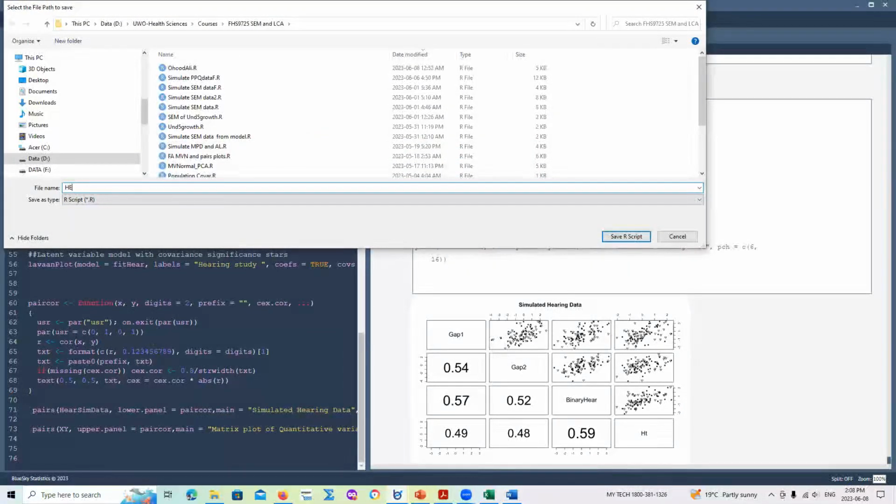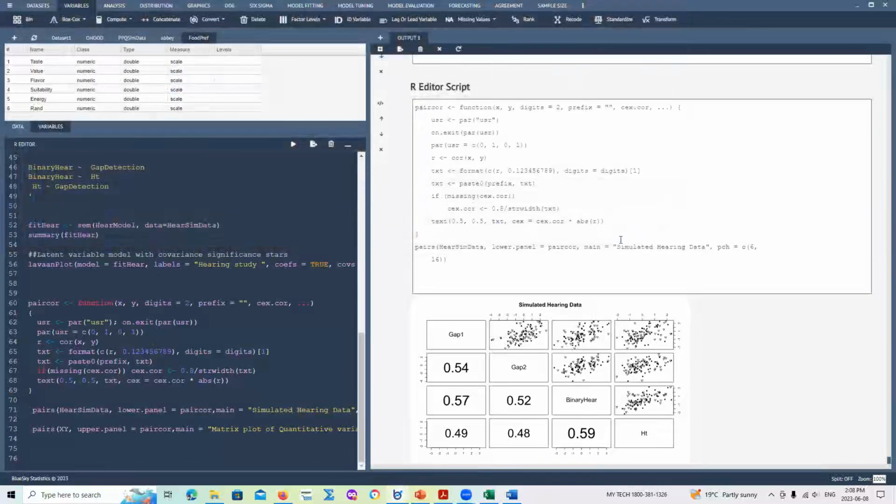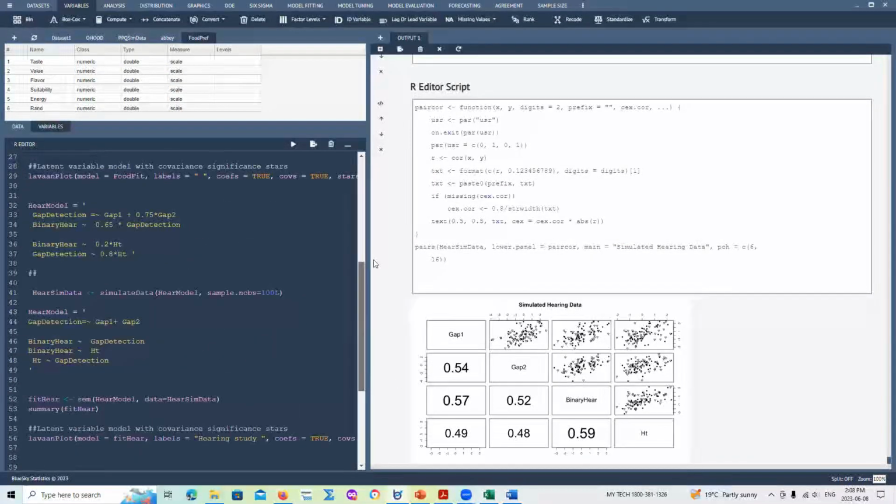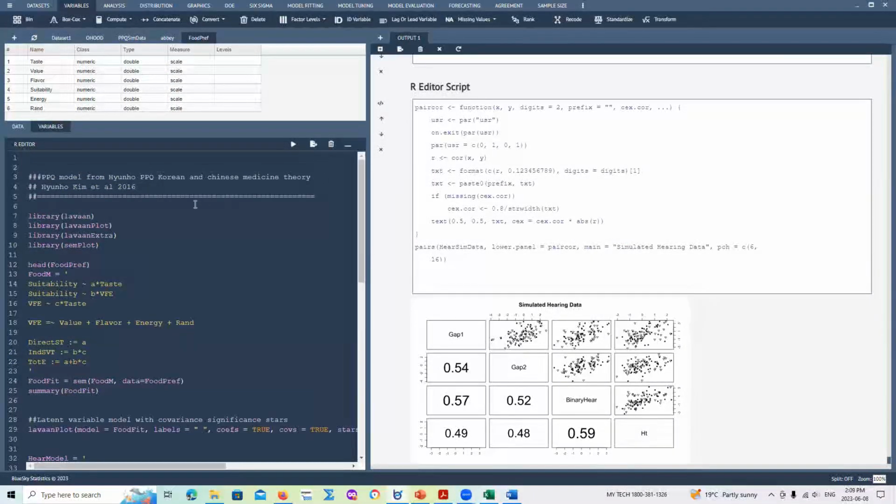Here in simulation, save script. Yeah, that is it. This one is okay, but it's not really important.